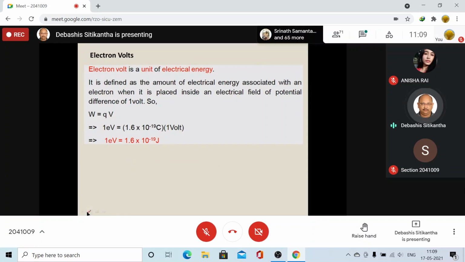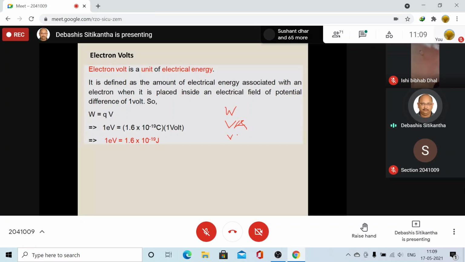There are a number of units for electrical energy. You people have heard about something known as watt. Watt is the unit for active power. You might have heard about something known as VA, volt ampere, and this is the unit of apparent power, sorry, not reactive power.